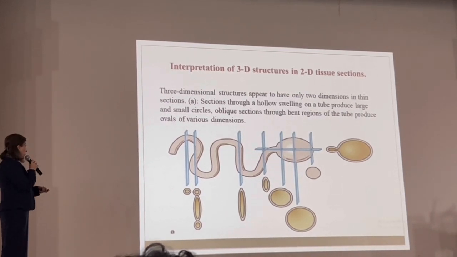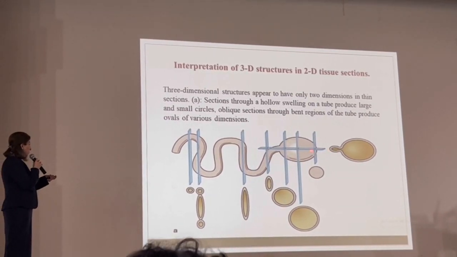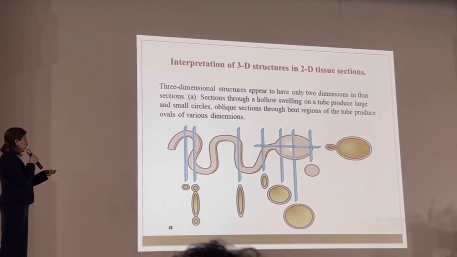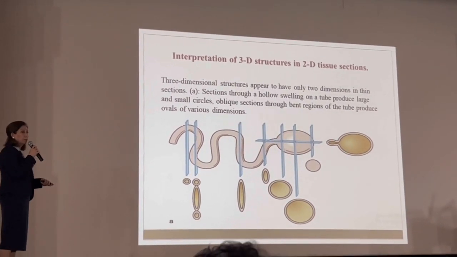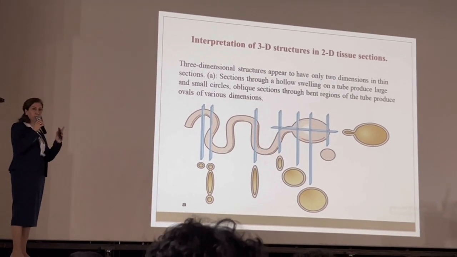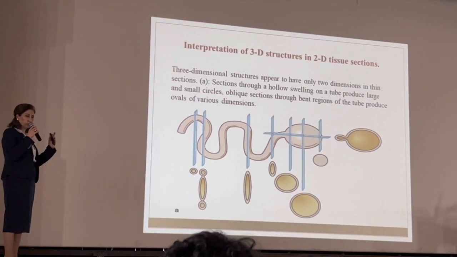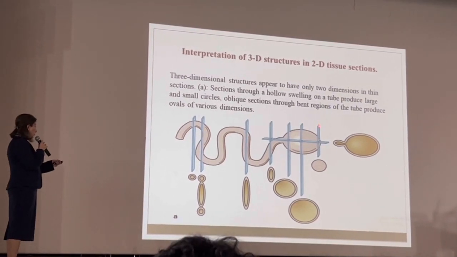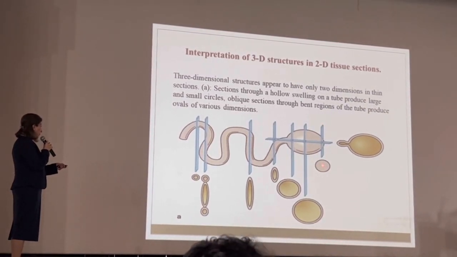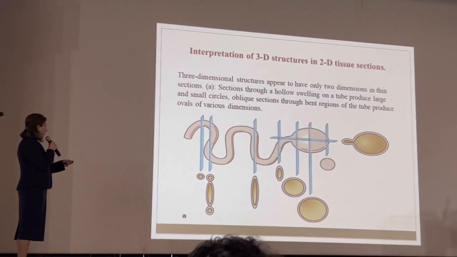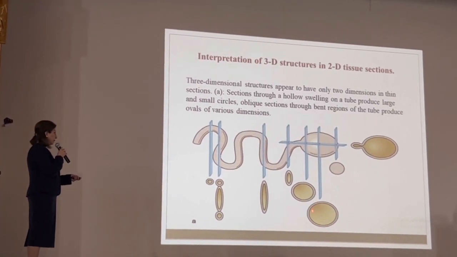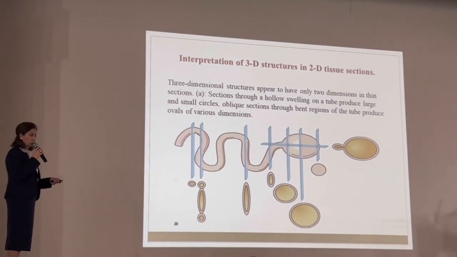So you have to imagine them. If we section it in this direction, the interpretation will be an image or a diagram of two dimensions, not three dimensions. If you cut from here, it will look like this circle. From the middle part of the hollow swelling, you will get a large circular structure.